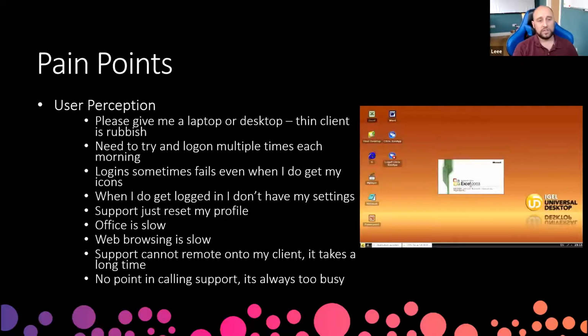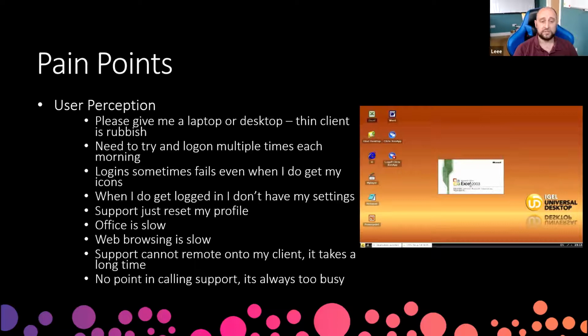So I took some time and I talked to the users. I felt it was really important to understand the issues that they were facing. So this is a summary of the issues that they were combating on a daily basis. Users said thin clients were rubbish, so their understanding of a thin client is it's Citrix. They needed to try multiple times to log in.